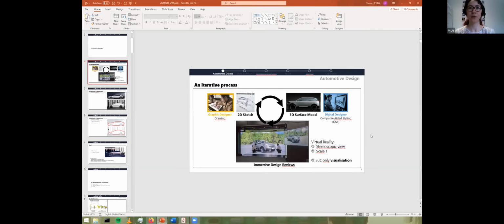The good thing with the CAVE is that the resolution, the definition of the image, is really higher than what is done with HMDs. And so that's why for detailed models, people still go into the CAVE.